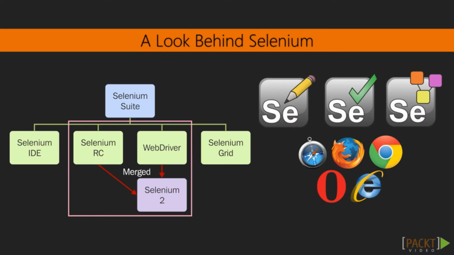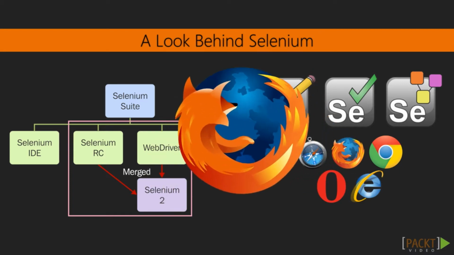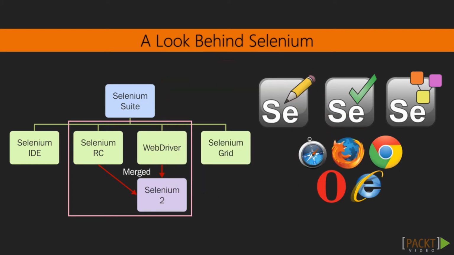Let's take a step back and see what Selenium is, and view the problem that Selenium Tools Suite can help us solve. Selenium is all about automatically controlling a web page on all various web browsers such as Internet Explorer, Firefox, or Chrome. In other words, operating a web browser through a script.